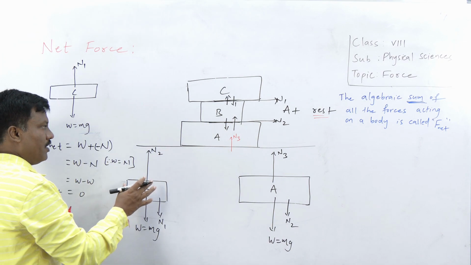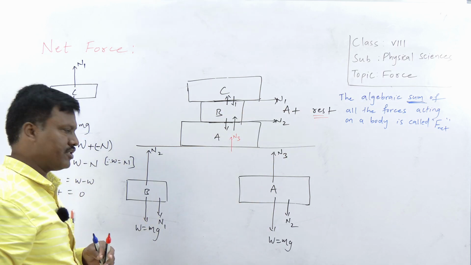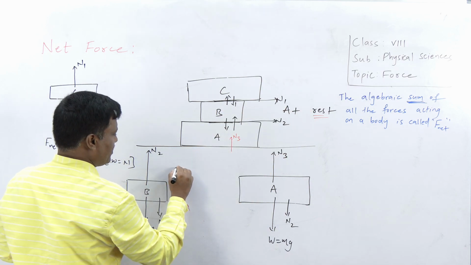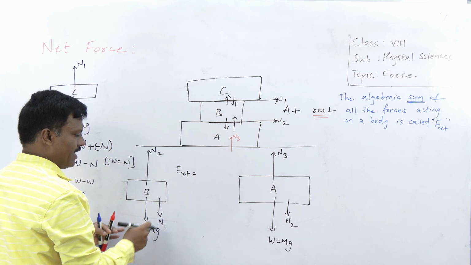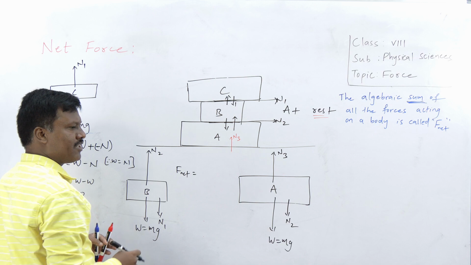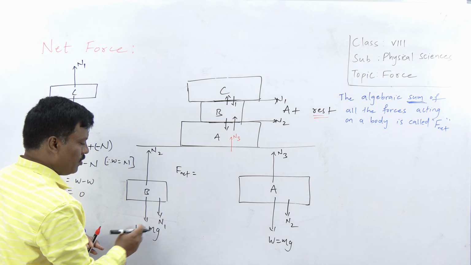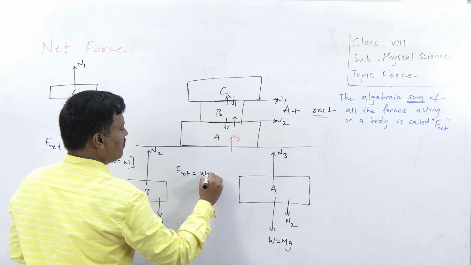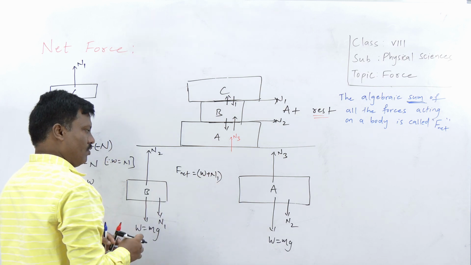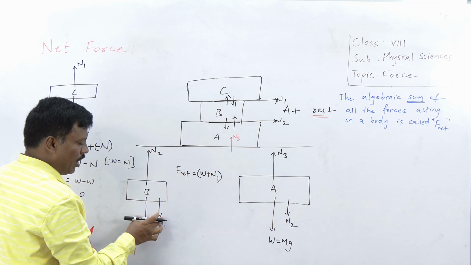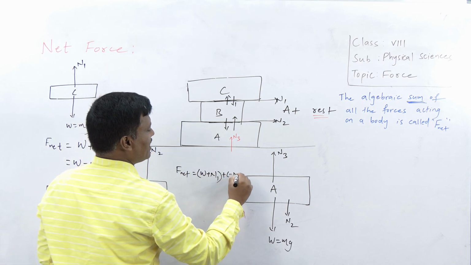Now this block B is also at rest. That means the net force acting on block B is also 0. Then how do you write the equation for this? Here two forces are acting in the same direction. When two forces are acting in the same direction, we have to add them. Here W plus N1 together are acting downward, but N2 is acting opposite to these two forces, that is why plus into minus N2.